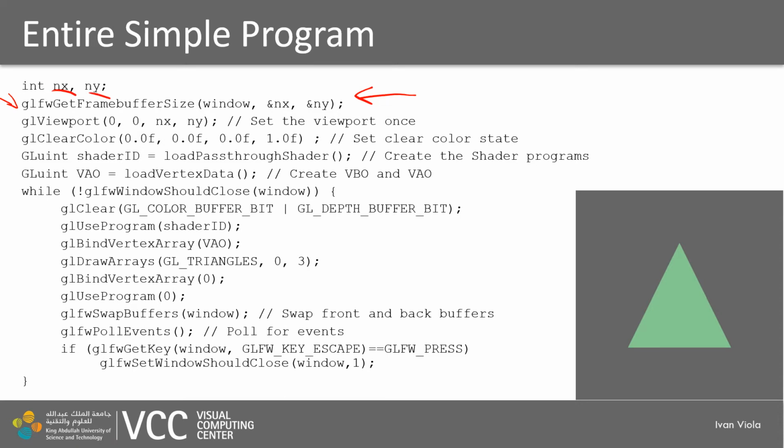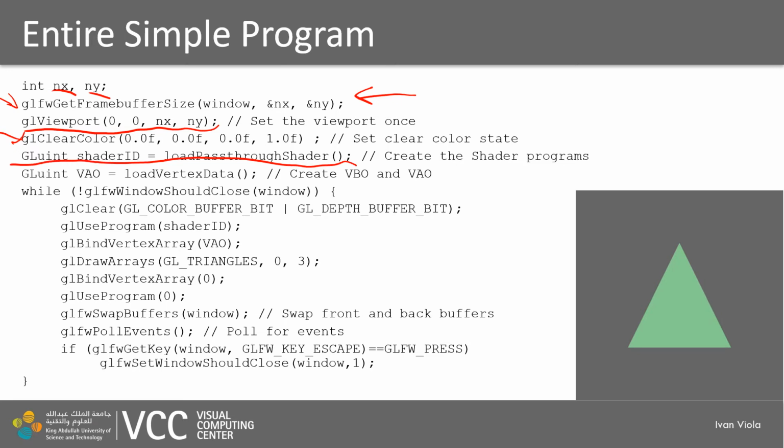We are also within this window defining the viewport so that we have the information available for our last transformation from the normalized device coordinates to the viewport coordinates. And then we define our color, which we want to use for the clearing, and we will be loading our information about the shaders and shader programs.